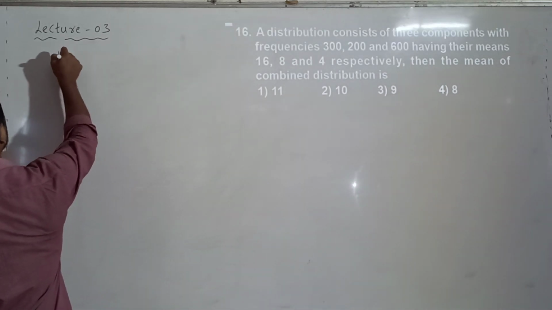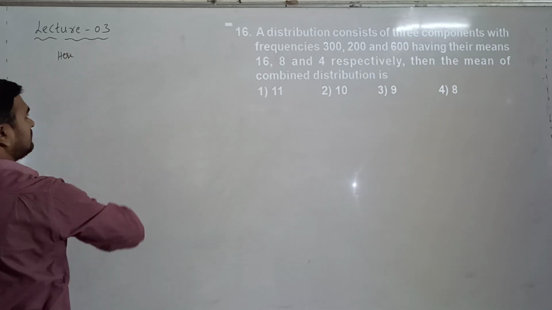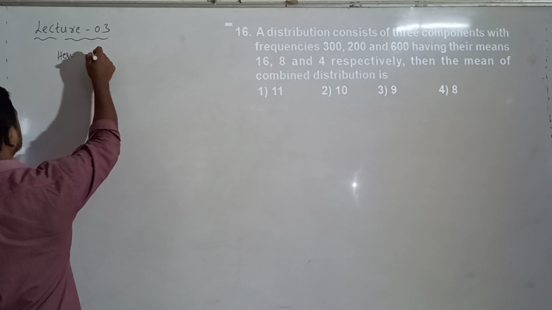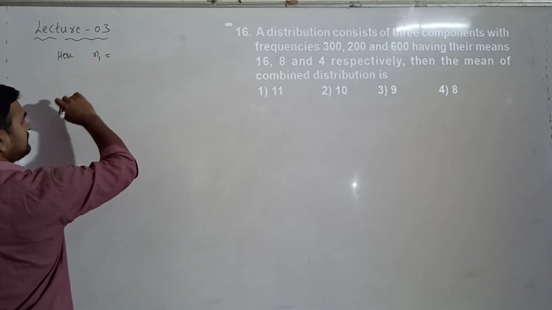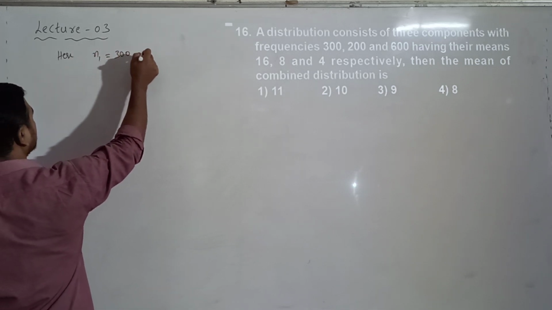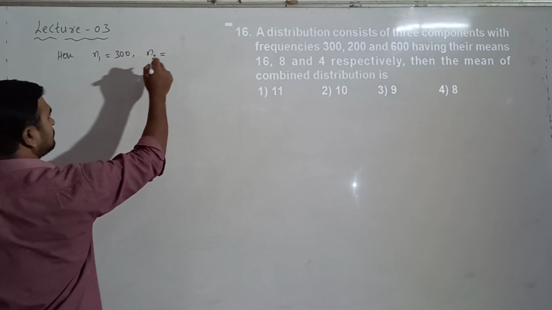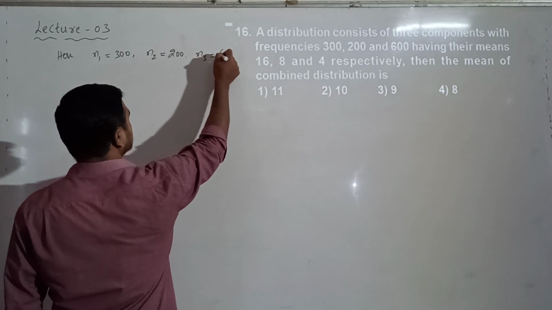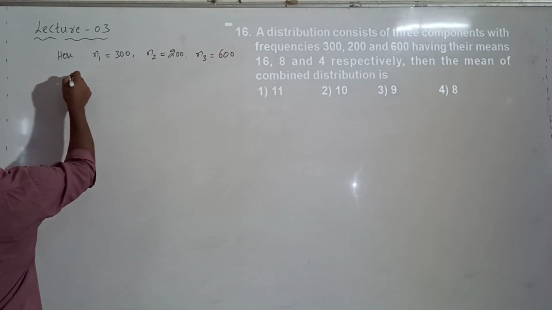So here three components with frequencies. So first one, frequency N1 is 300 given, N2 200, N3 is 600, and their means.